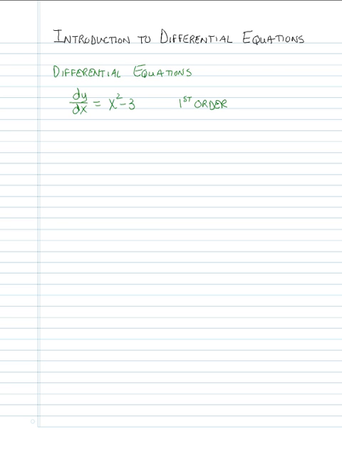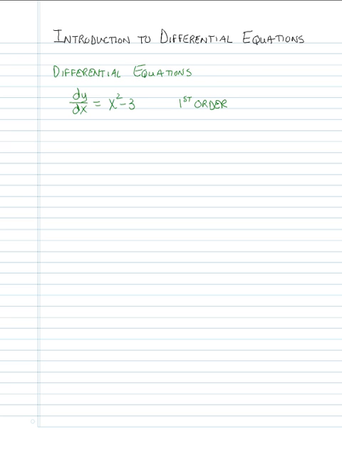It's called a first order because the derivative of highest order, that is the only derivative in this equation, is the first derivative. If you have a derivative like a second derivative or a third derivative or a fourth derivative, then it would not be a first order differential equation.